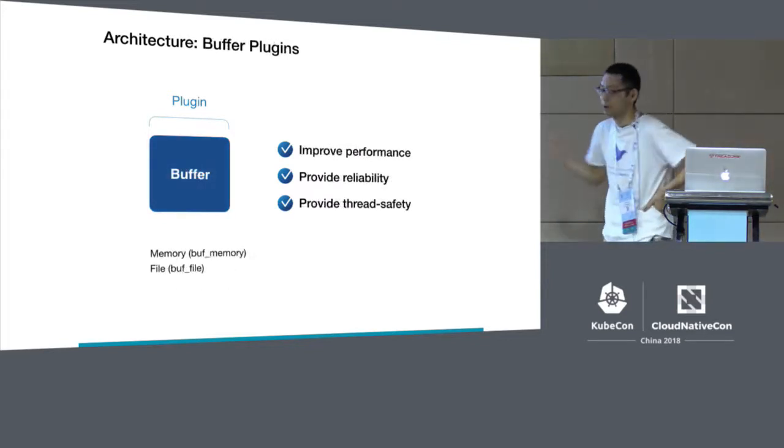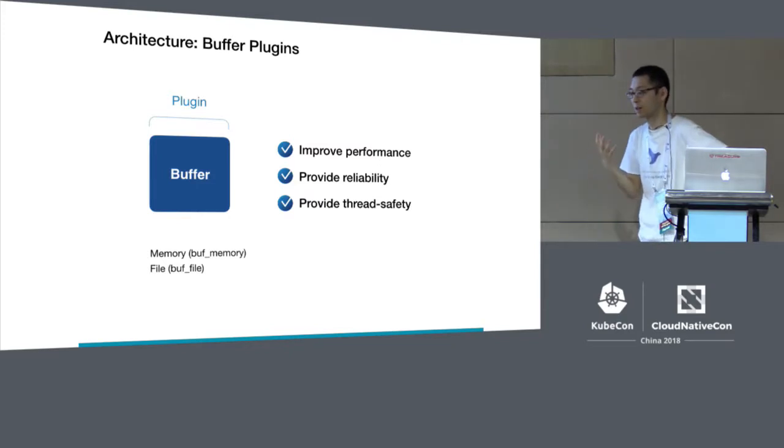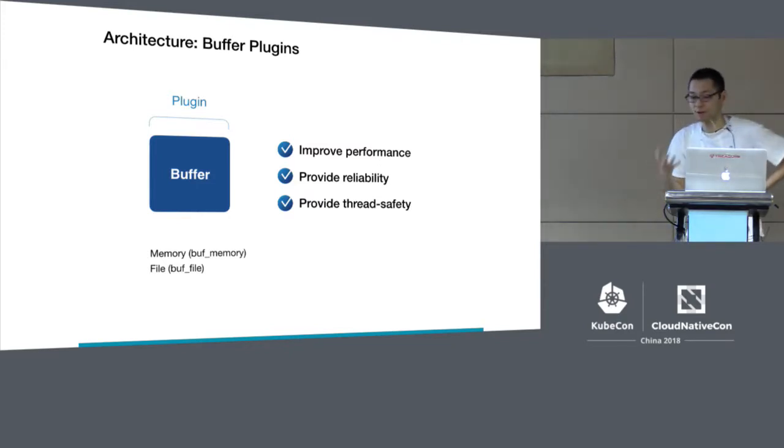This is the buffer plugin. The buffer plugin is not a standalone plugin, so you cannot use it directly from your configuration. But it is used inside the output plugin, because it is very important for robust buffering and retrying.